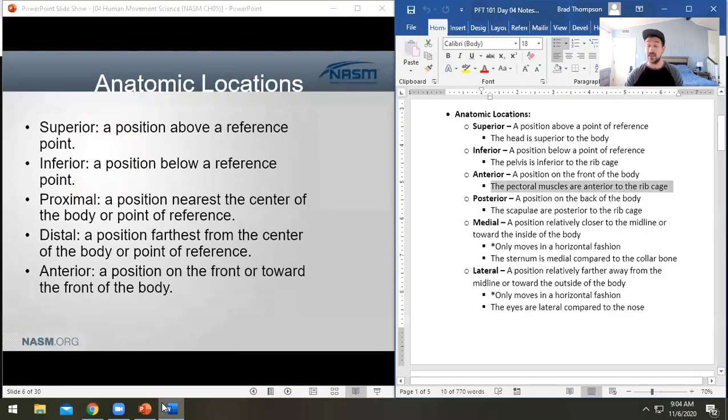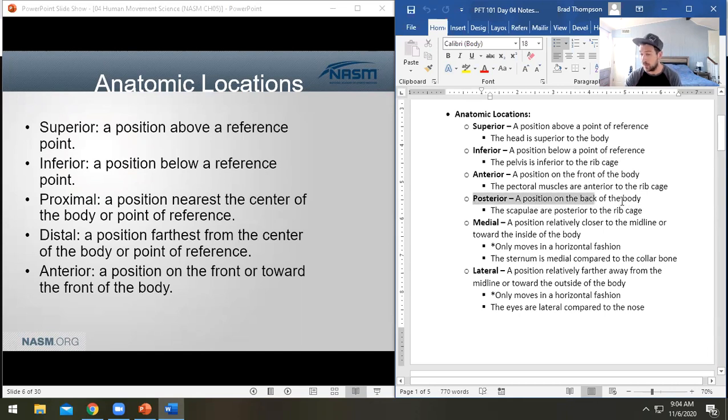In that case, we would say the pecs are anterior and the rib cage would be posterior to it. The scapula is posterior to the rib cage. Your rib cage wraps around your body, but your shoulder blade lays on top of it, further behind, and therefore it is posterior.